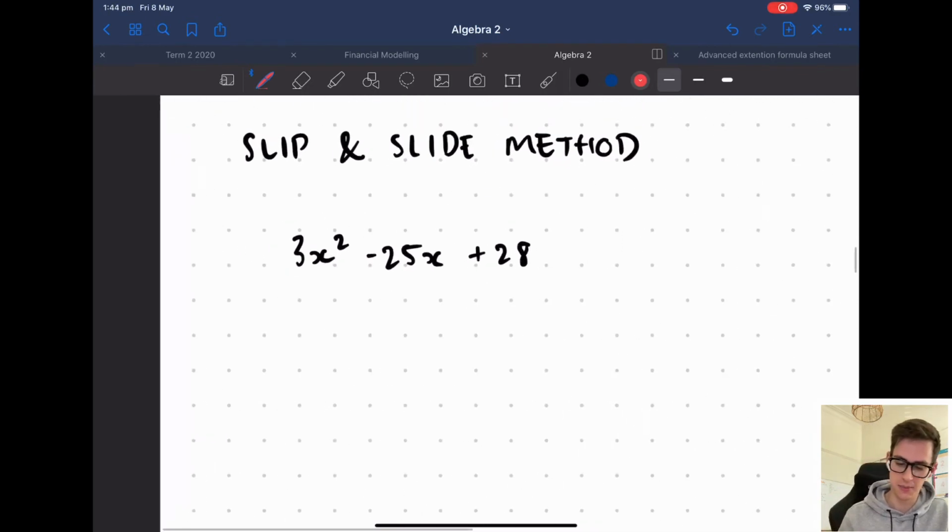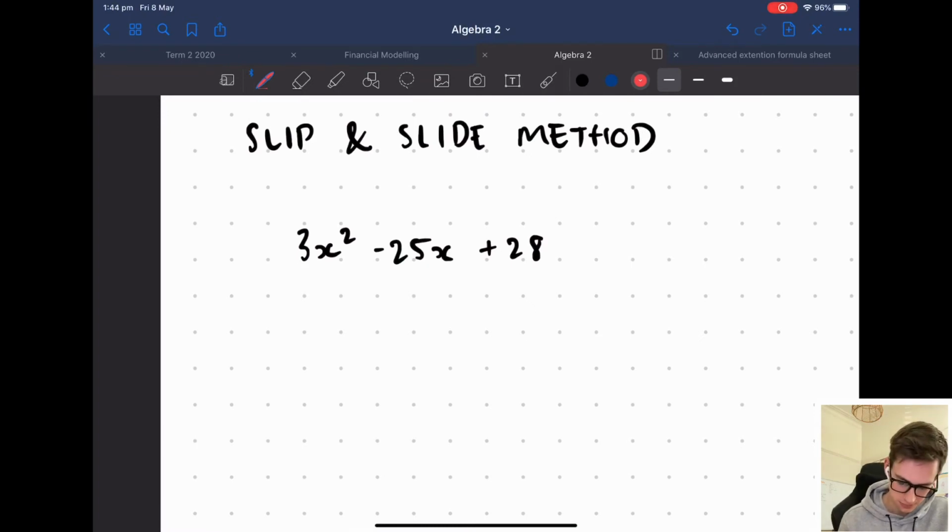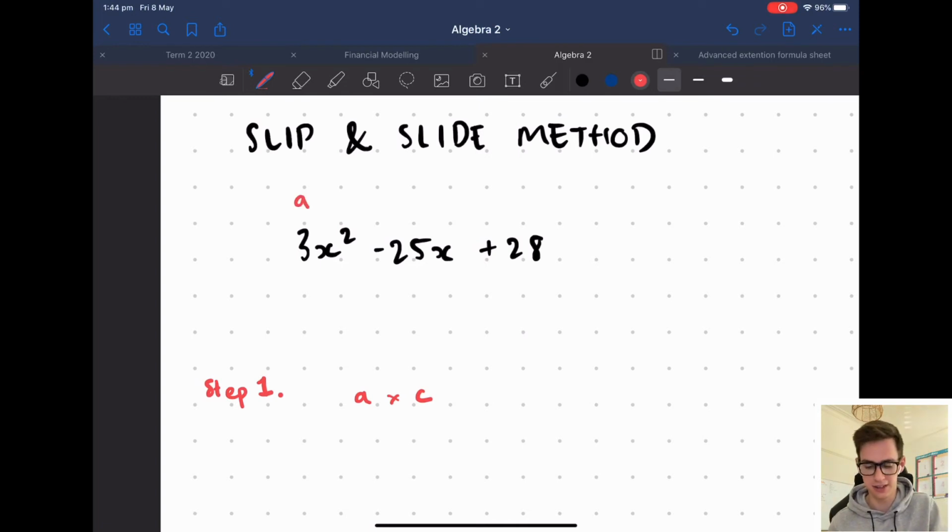Okay, slip and slide method. Step 1, I need to figure out what is A times C. Now, A and C, remember from our quadratic formula, A is the number in front of x squared, B is the number in front of x, and C is the number at the end.